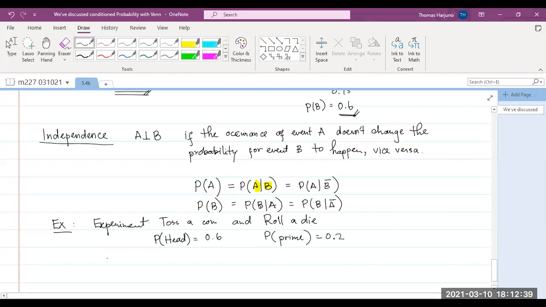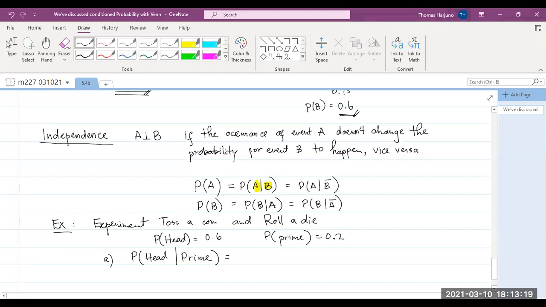Now, my question is, what is the probability that you get a head, knowing that the die comes out prime? Well, hold on, Thomas. Don't you think these two experiments, tossing a coin and rolling a die, are independent? Yes, exactly.